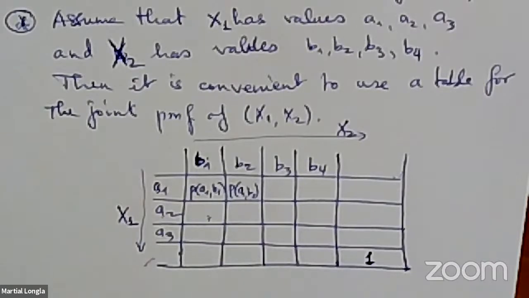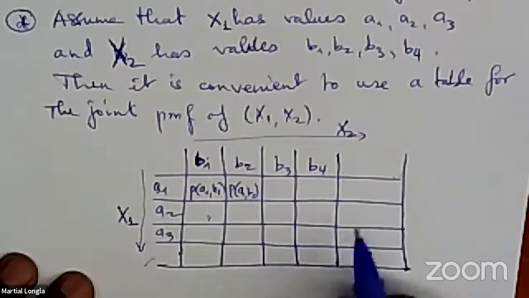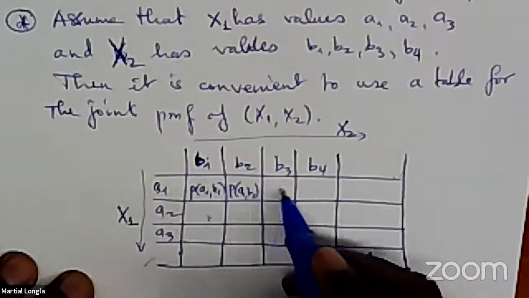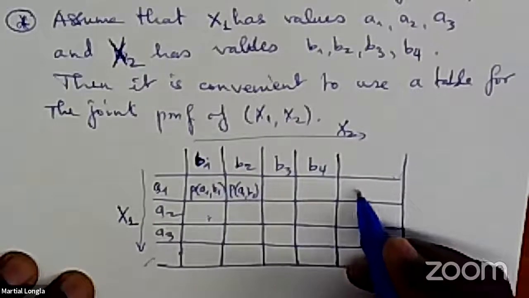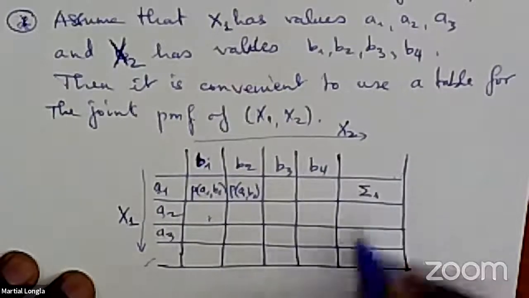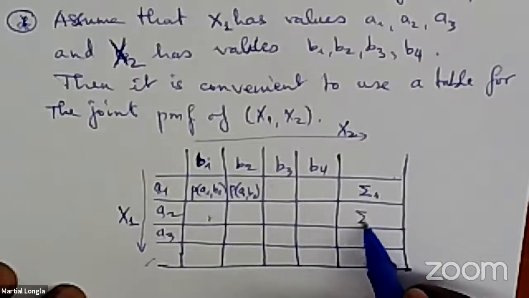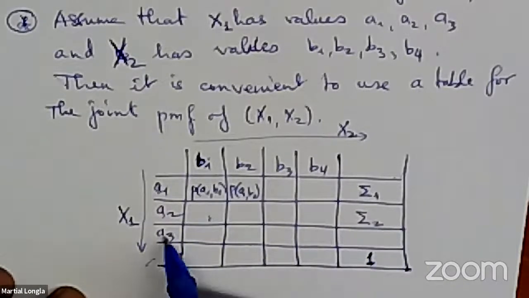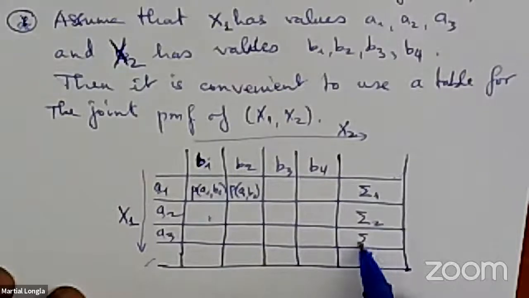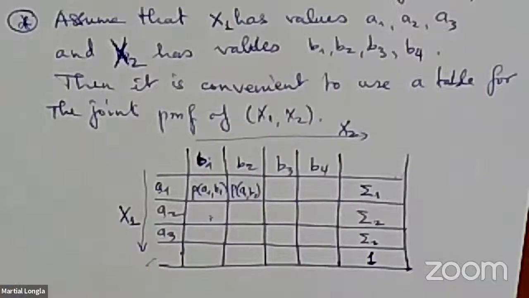Also, when you have that joint distribution, I recommend that you add everything that is on this row. You put here, sum 1. Everything on that row, you put it here, sum 2. Everything on the third row, you put it here, sum 3. And guess what?